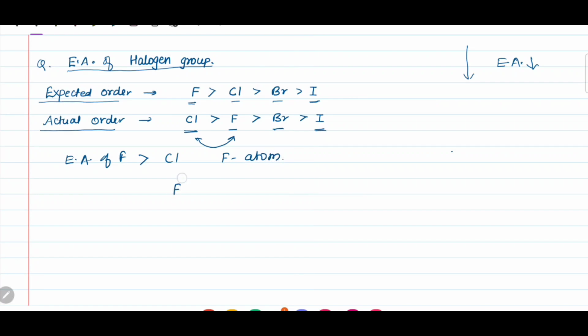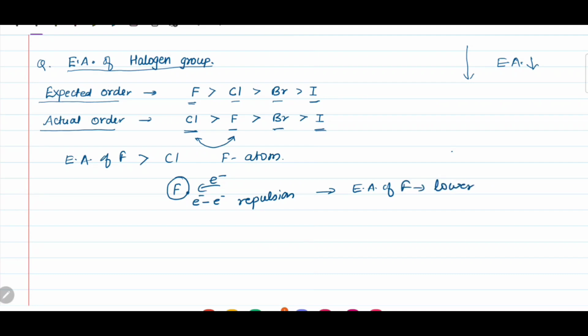When any electron is added to the valence shell of fluorine, it experiences a strong electron repulsion. As a result, low energy is released, and due to this the electron affinity of fluorine is lower than that of chlorine.